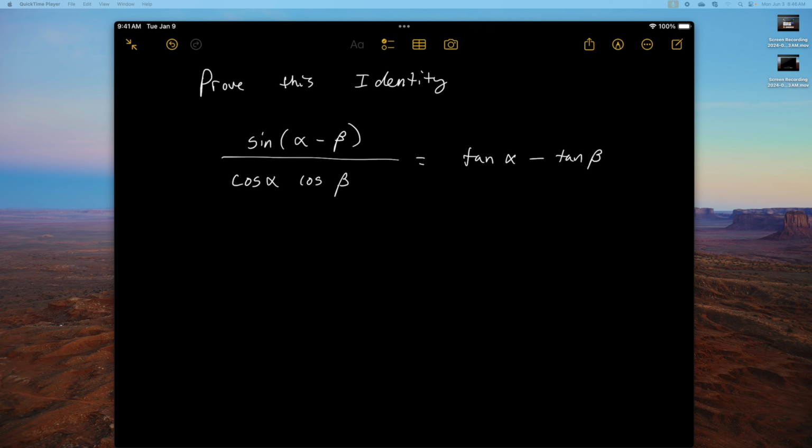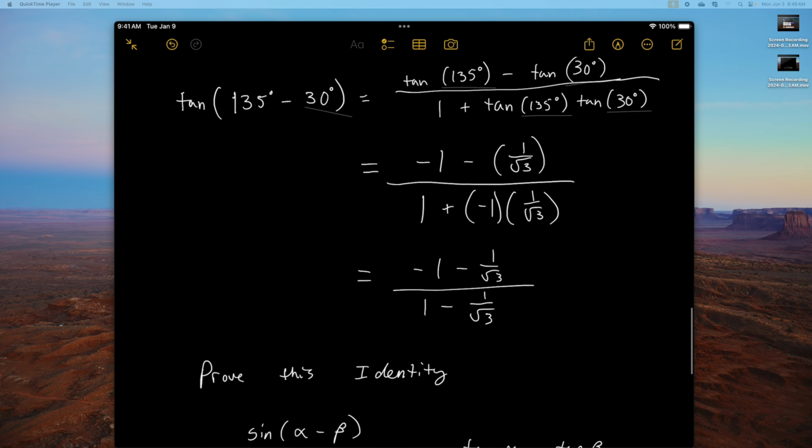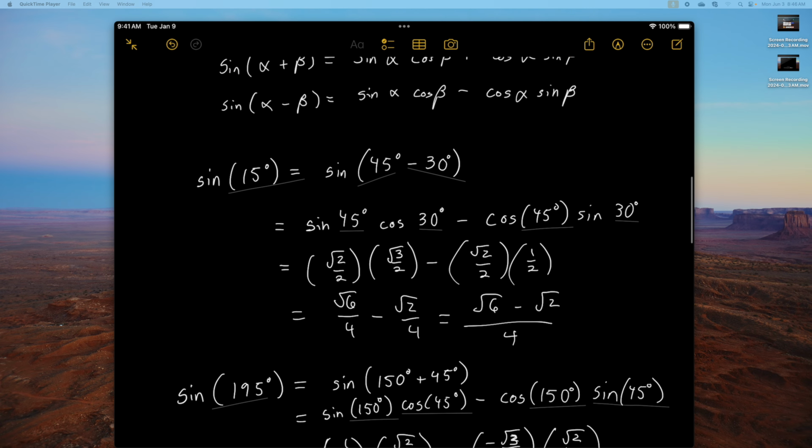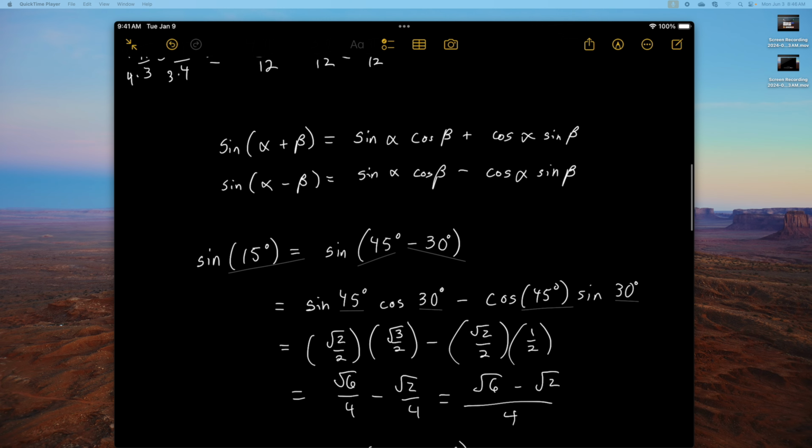So let's convert it to its difference form, which is sine of alpha cosine of beta minus cosine of alpha sine of beta. Let's double check. Make sure I got the signs right. This is for sine. Yeah, I got it right.